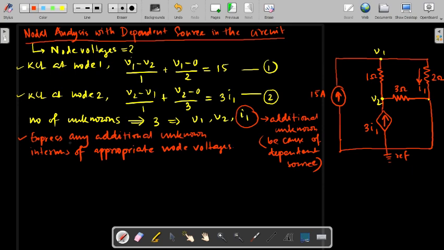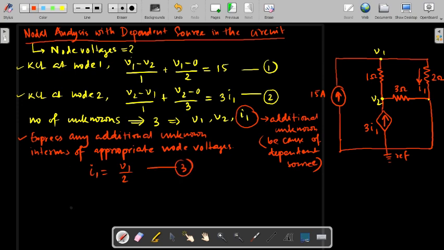This is the additional unknown over here, and if I want to express it by an appropriate node voltage, that means V1 by 2. So this is the third equation.